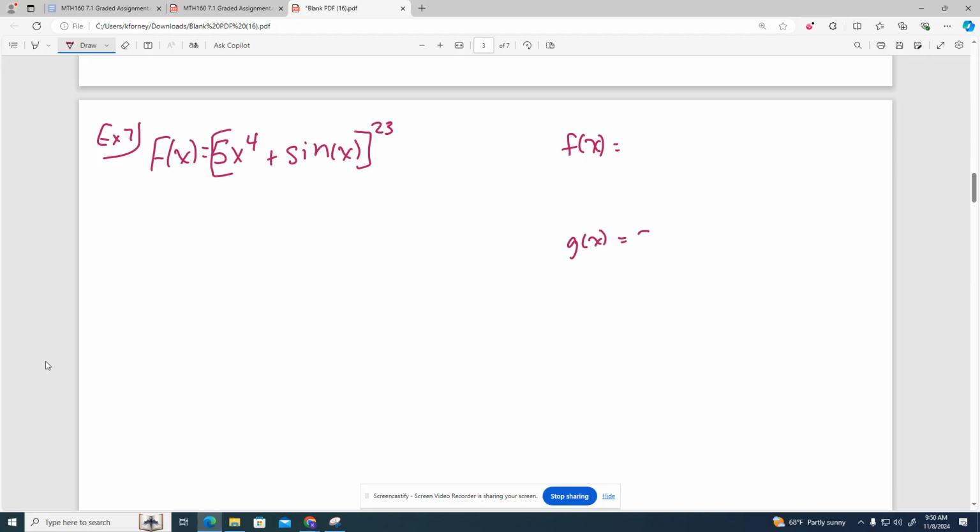So the inside function is 5x to the 4th plus sine x. And then that means the outside function, sorry, my brain, is x to the 23rd. So the derivative is 23x to the 22nd, and the derivative of the inside is 20x cubed plus the derivative of sine, which is cosine.